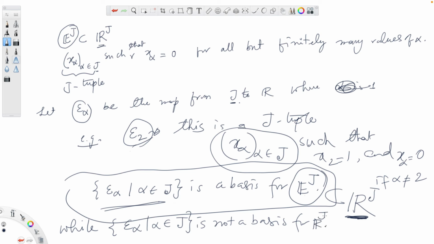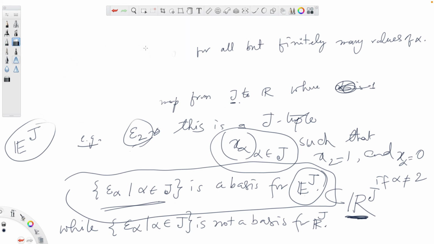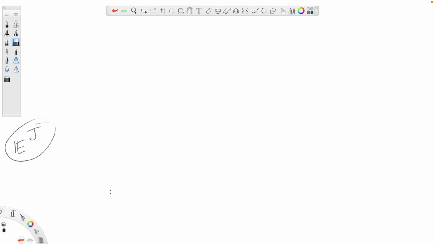Okay, we call this vector space E raised to J the generalized Euclidean space, and we can put a topology on it by introducing the following metric.